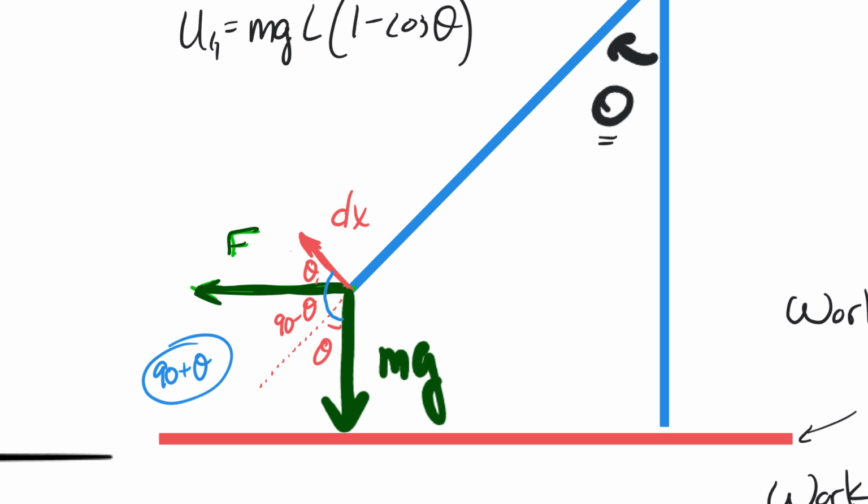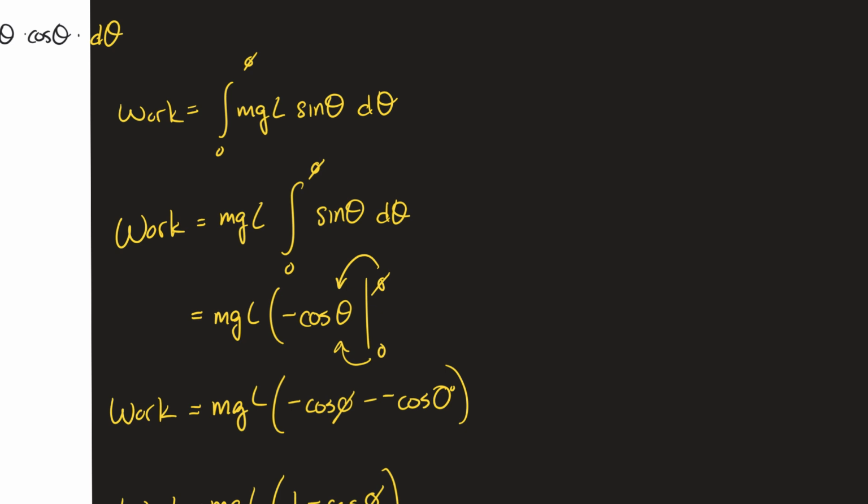This will go faster, I promise, because we're going to do a parallel process. Work equals the integral from 0 to phi. My force is mg. And I still have dx. My dot product will include the cosine. That's a cosine of 90 plus theta. All right? Everybody happy with that?